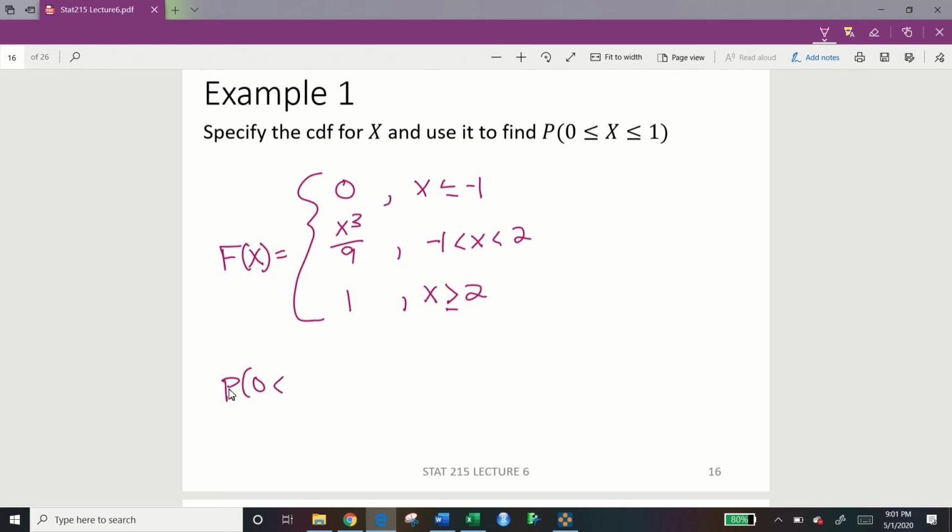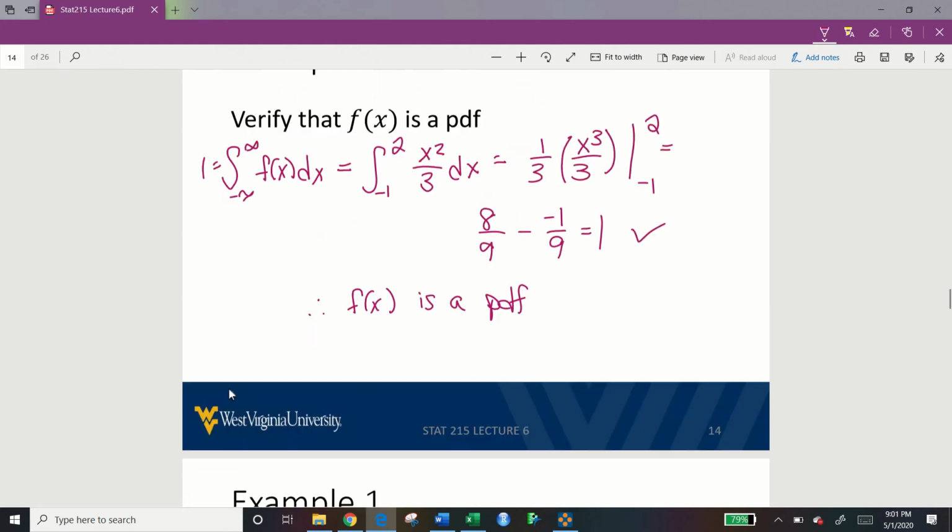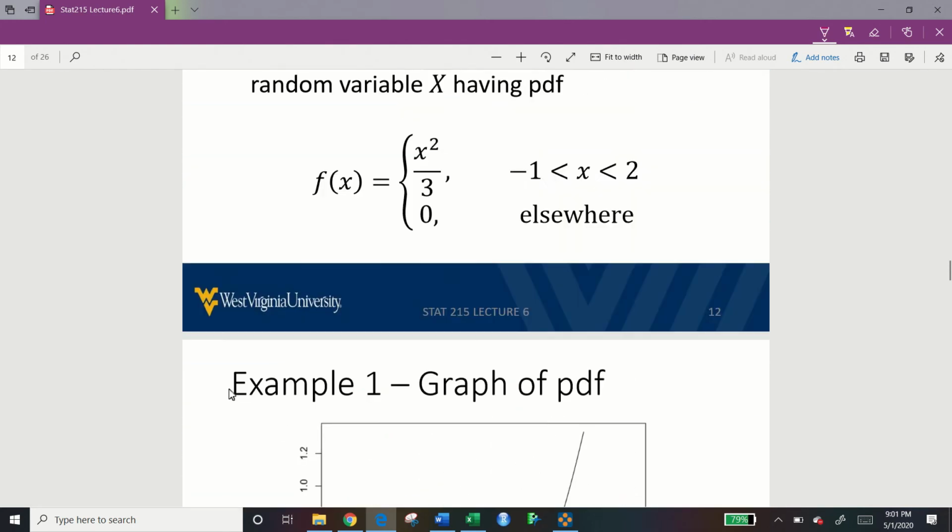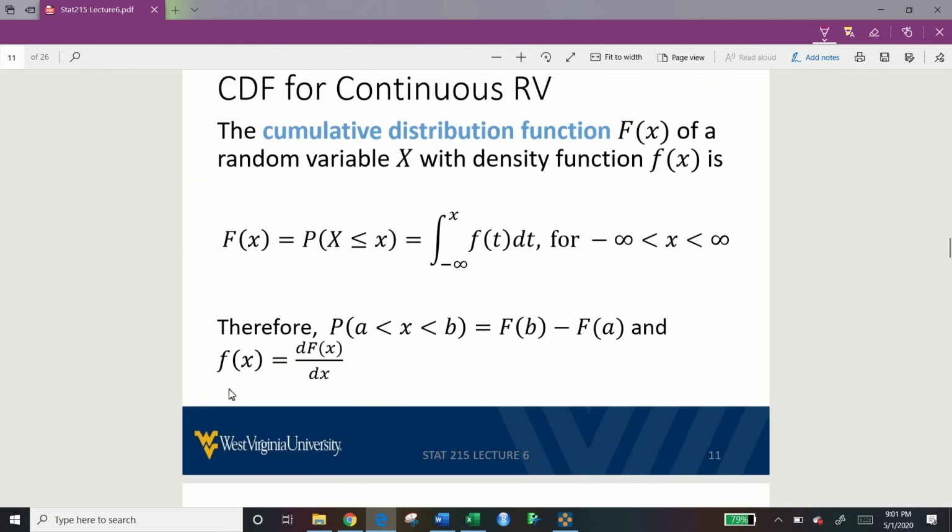So to copy that from above to keep things neat and tidy, we can use our rule from our previous slide that says the probability of a less than x less than b equals f of b minus f of a.